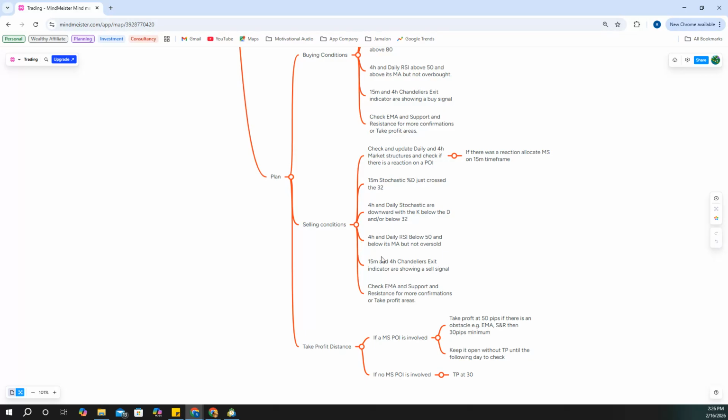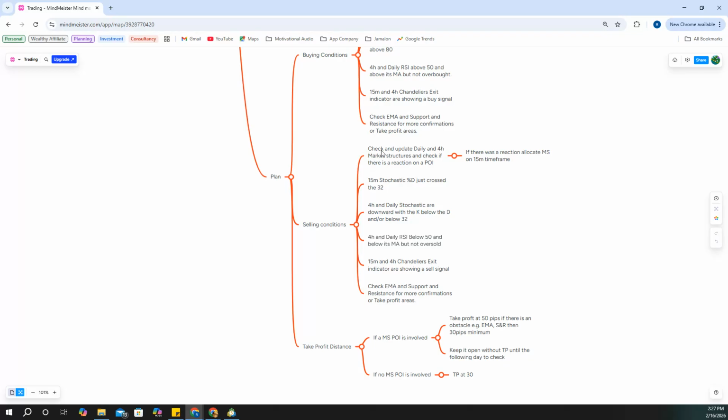But if this is not in the same direction or saying the same thing, then I will not waste my time doing the market structure of the 15. So the second thing that I look at, this should actually go here. But I don't want to mess it up now. I will do it later.